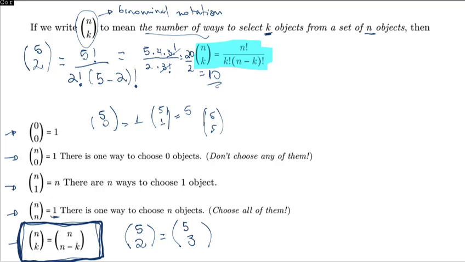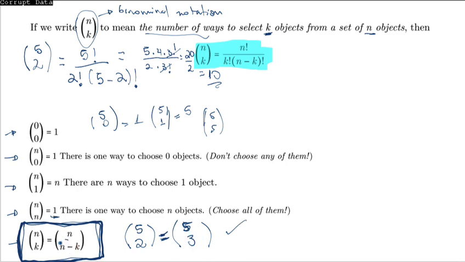It means that if you're selecting 2 of 5 shoes to go to your trip, it will be the same number of ways as selecting within that 5, 3 to stay at home, right? So this is what this means.